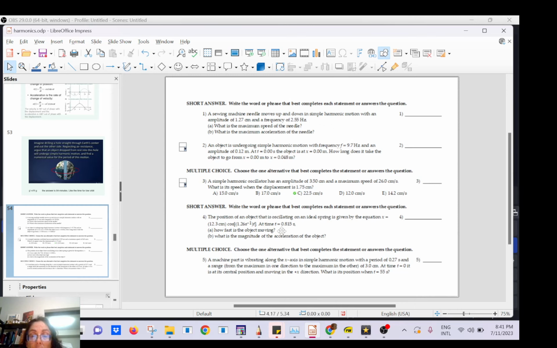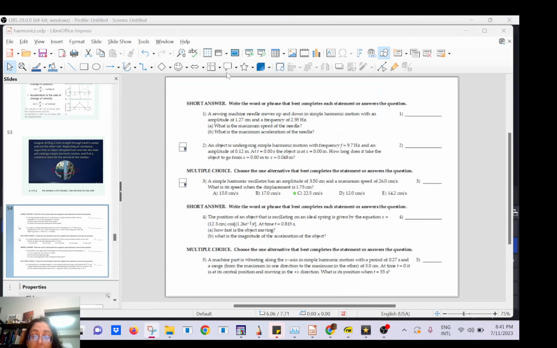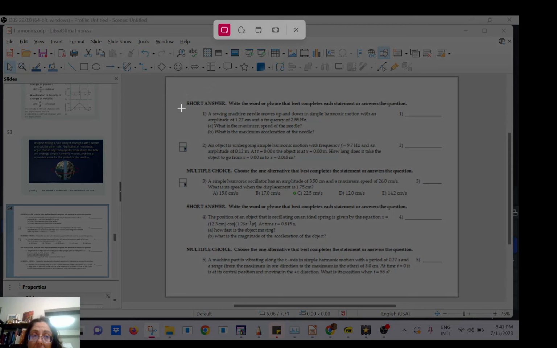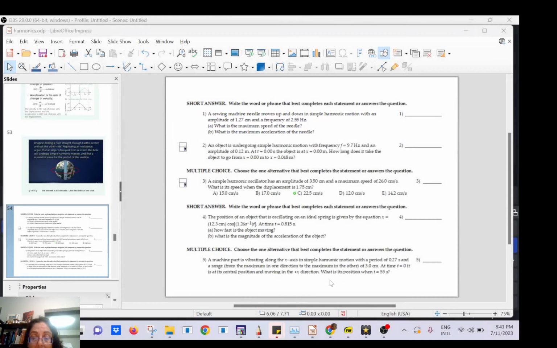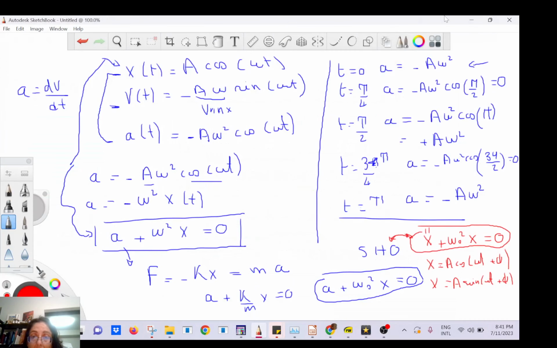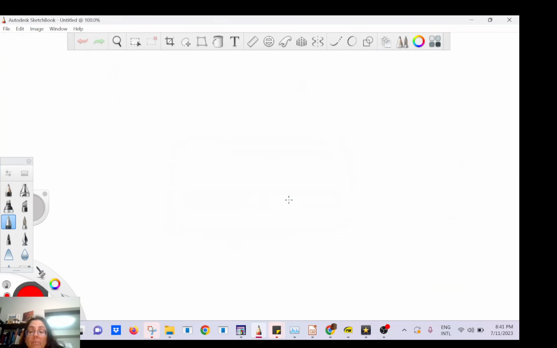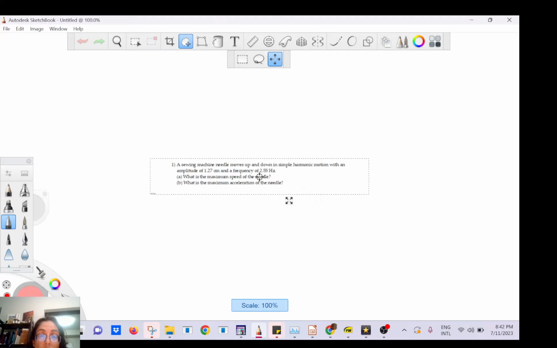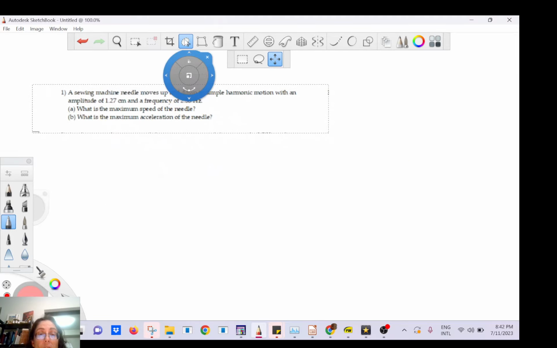So those problems come from Wolfson. It's a physics book called Fundamental Physics. So it's also a very good book if you want a summary, if you don't want too much explanation.